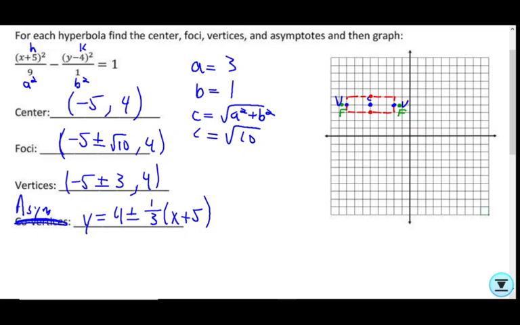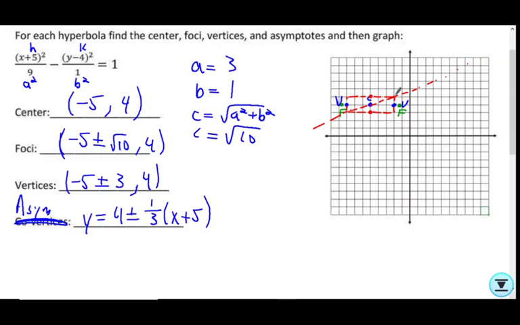So you start at the corner and draw a diagonal through your center like this, and that'll give you your asymptote that we're going to use. Okay, and do the same thing the other side. You could also use a slope.